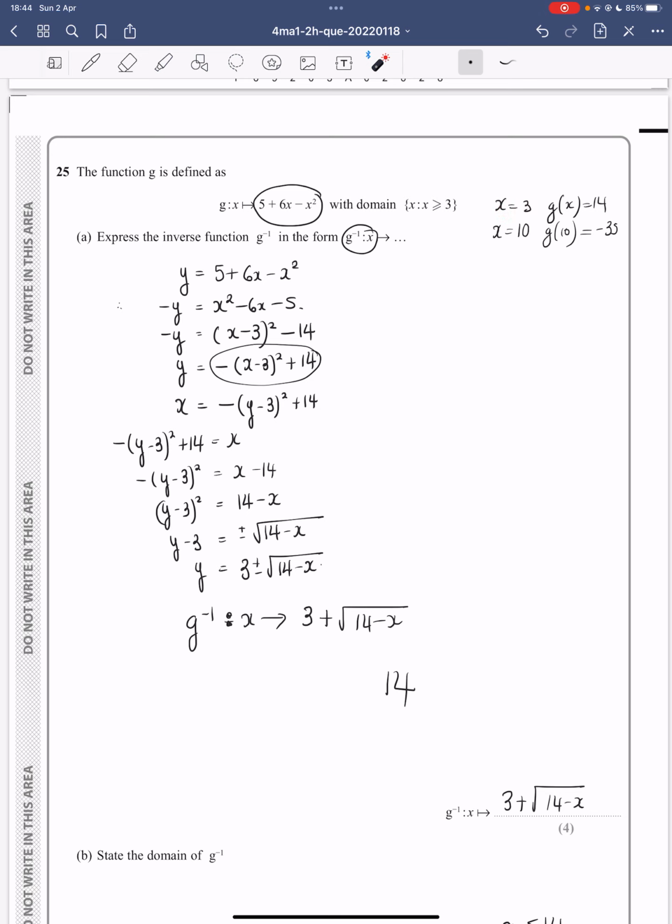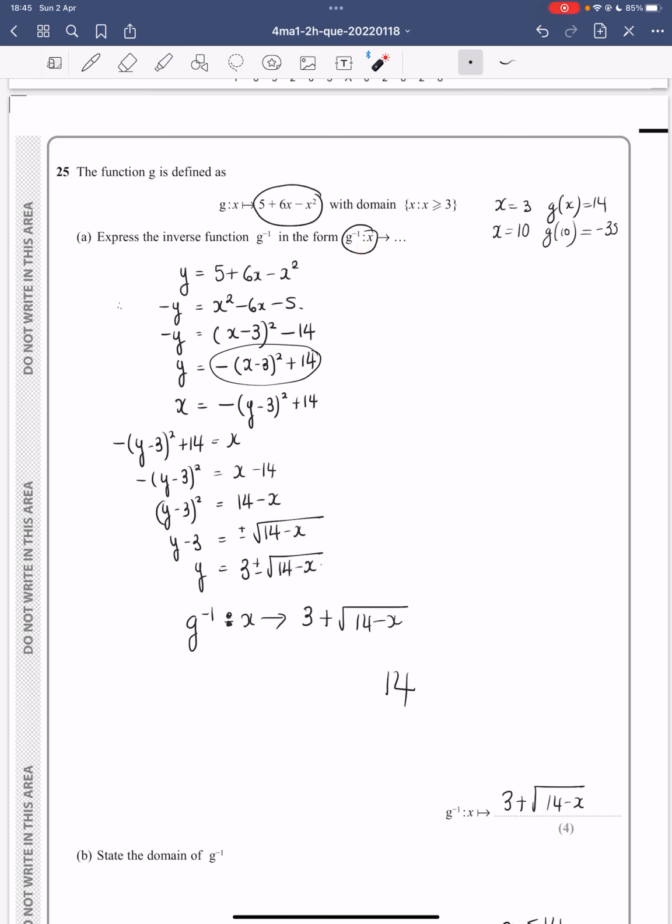If x is equal to 3, g of x is 5 plus 18, which is 23, minus 9, which is 14. If x is 10, it's 5 plus 60, 65, minus 100, minus 35. So it's just some examples of what's going on there. So domain means that's the input, so we can't put anything less than 3 in. Express the inverse function g inverse in this form.